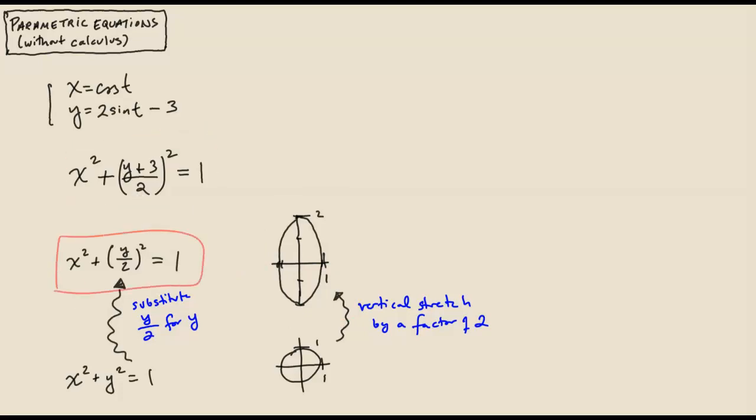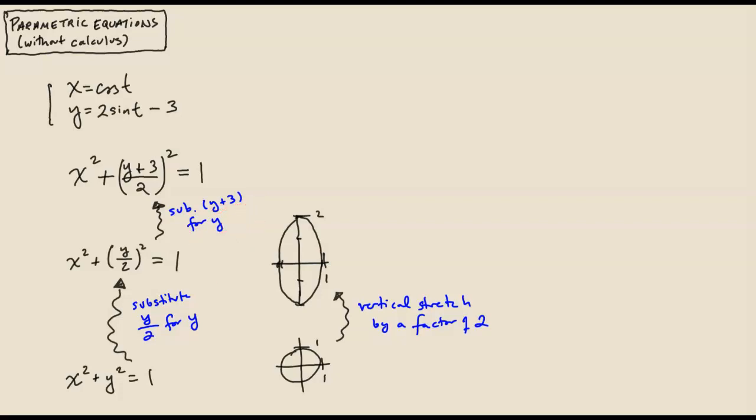What transformation of this could I do to get up to this one? Well, that's easy. I just substitute y plus 3 for y, turning this into that. Well, what does that do geometrically? What geometric transformation corresponds to this algebraic transformation of substituting y plus 3 for y? Well, you know that one.